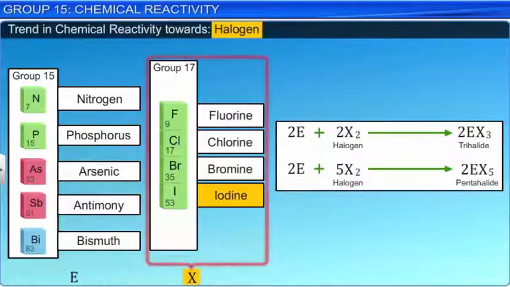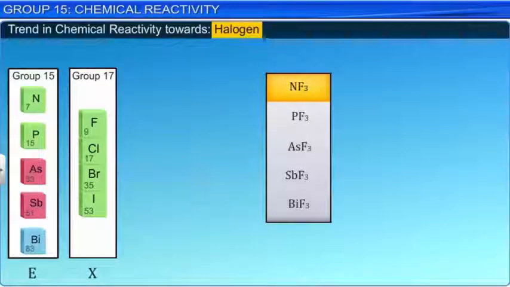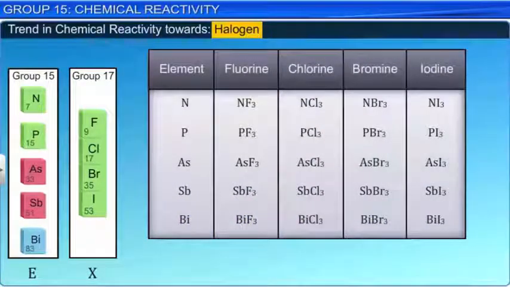For example, NF3, PF3, AsF3, SbF3 and BiF3 are trihalides. All the trihalides of these elements, except those of nitrogen, are stable.